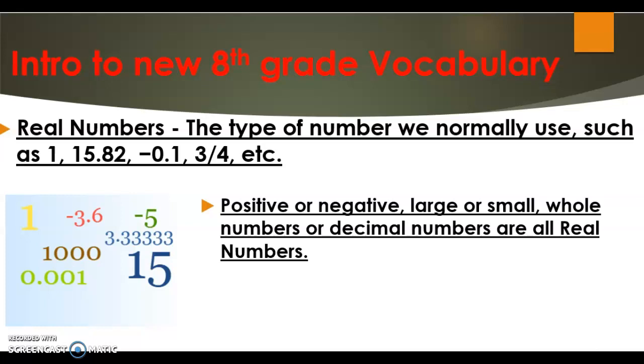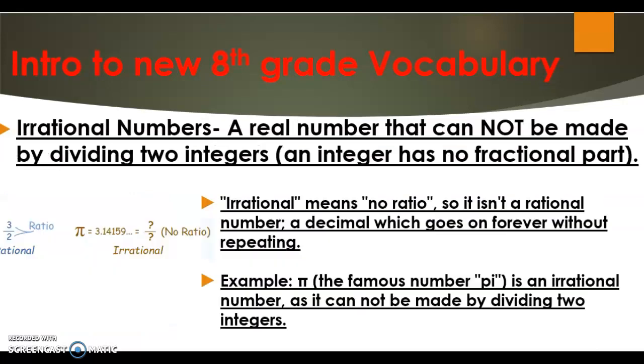Whole numbers or decimal numbers are all real numbers, okay? Now, the distinguishing factor is that in your 6th grade or 7th grade curriculum, you talk about rational numbers. You also include, when you think about 8th grade vocabulary and real numbers, irrational numbers.